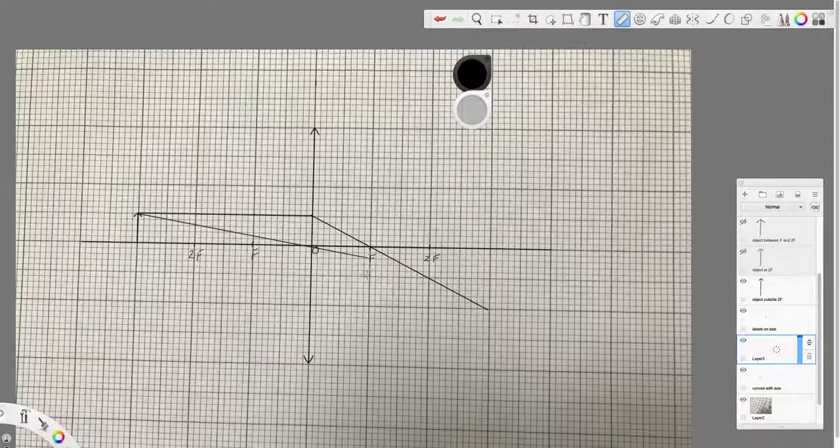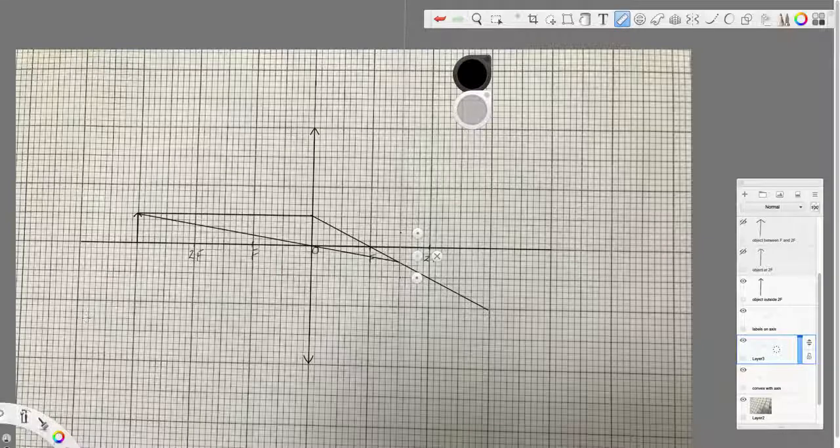I missed slightly. I should have had that absolutely on the optical center. There we go. So where those two rays meet, that is where my image forms. Right there.